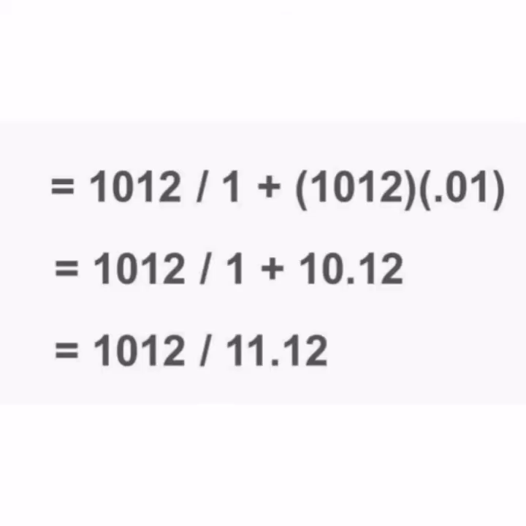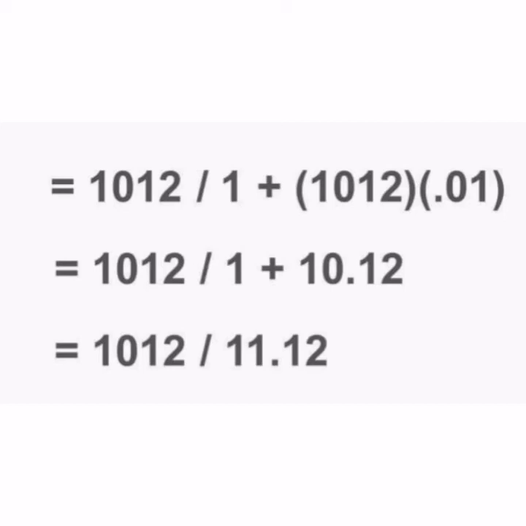Now, let's try computing using the 10% margin of error. So that's going to be 0.01, that's already squared because 10% is 0.1. When you square that, you'll end up with 0.01. So that's going to be 1012 divided by 1 plus 10.12. So add first, get the sum of 1 plus 10.12. You'll have 11.12.